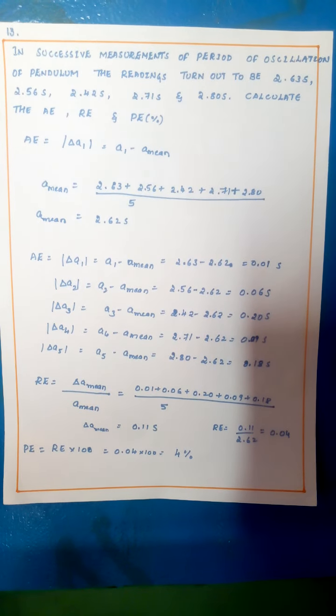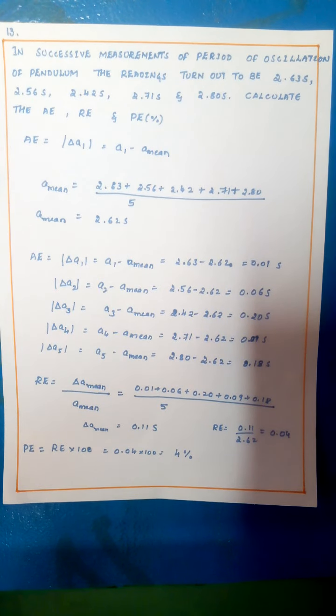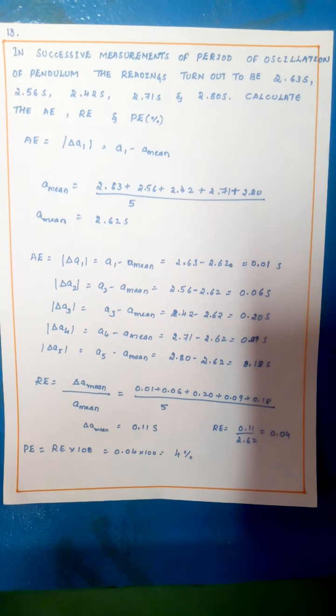To understand percentage error, absolute error and relative error, take one example. Suppose in successive measurements of the period of oscillation of a pendulum, the readings turn out to be 2.63 seconds, 2.56 seconds, 2.42 seconds, 2.71 seconds and 2.80 seconds.